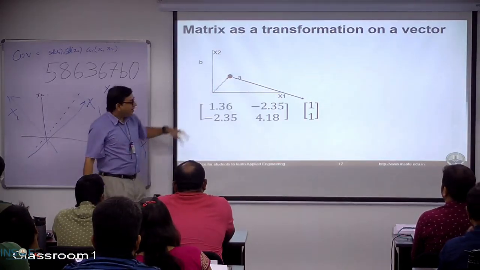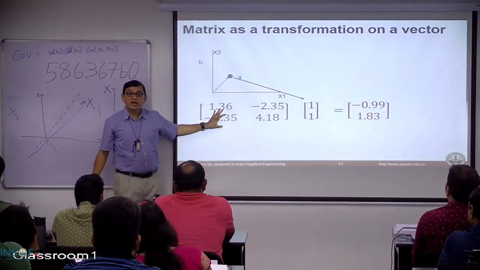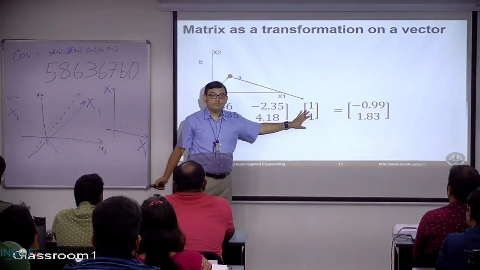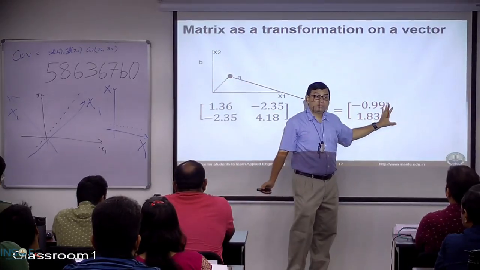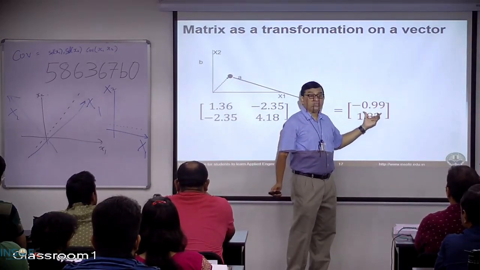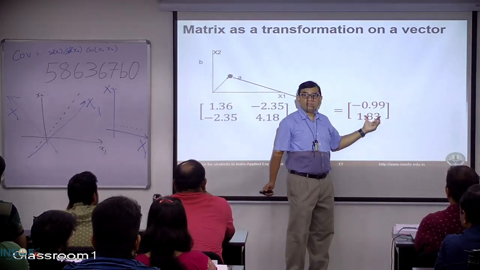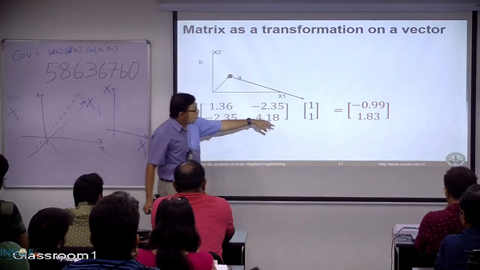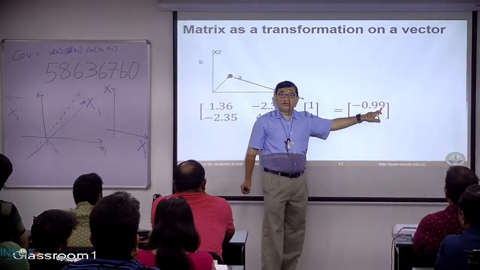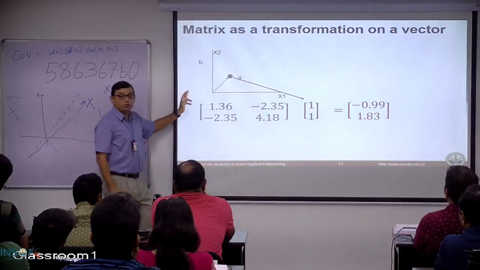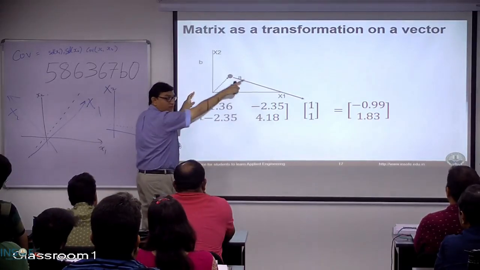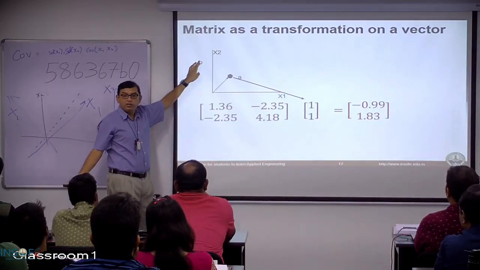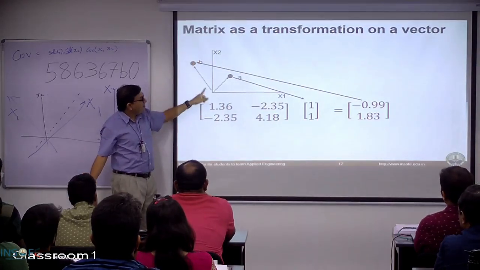When I take our covariance matrix that I had before and act on this particular vector, I get this vector. Can you tell me what direction this will be in? Negative x1, positive y, so somewhere over here. So what I have is this vector.